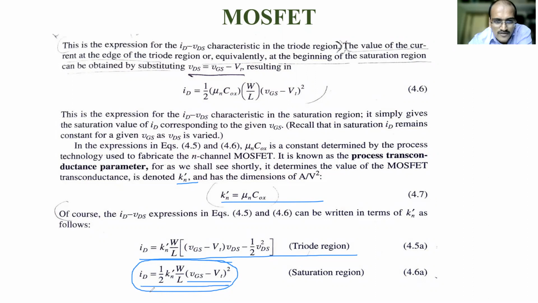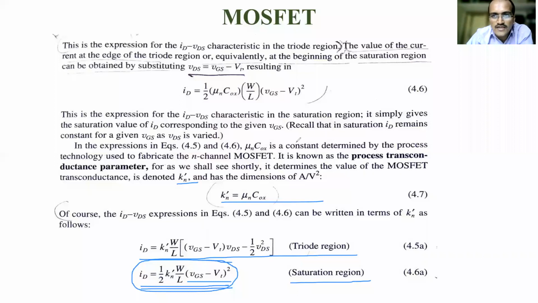It is not an easy equation like in BJT, where IC equals beta times IB, and IB is given from some resistance formation, VBB minus like that. Here it is not like that because there are many process parameters. This is a simplified form. If you remove Kn dash, you can substitute μn Cox. This is the thing I wanted to explain to you.